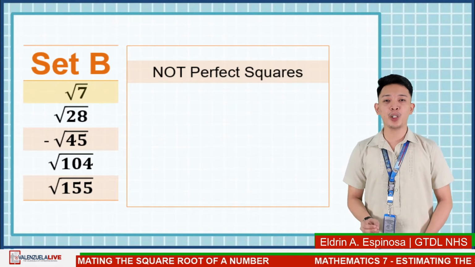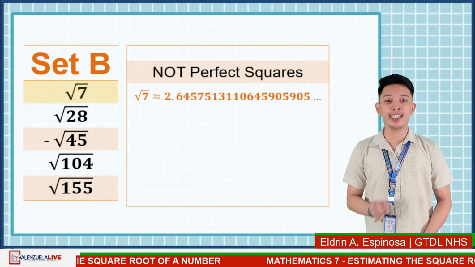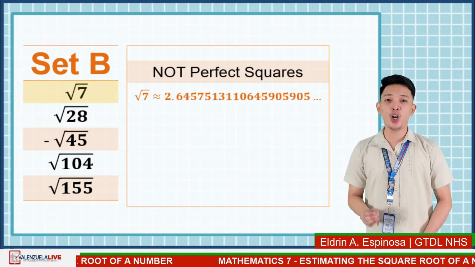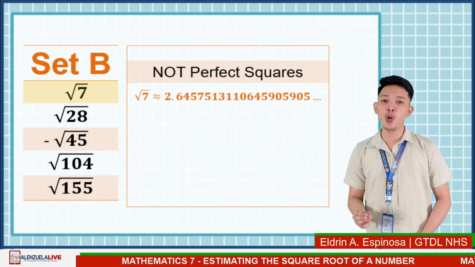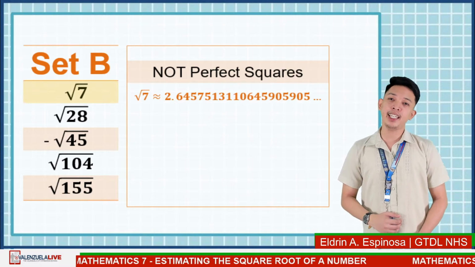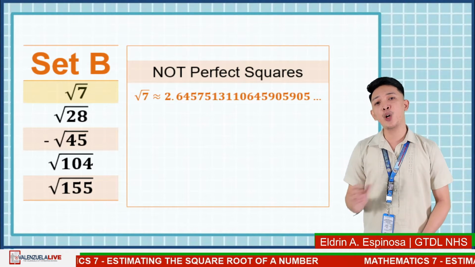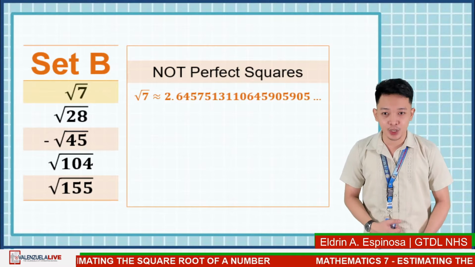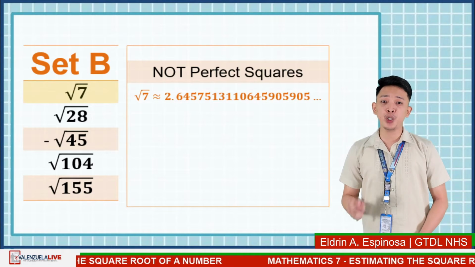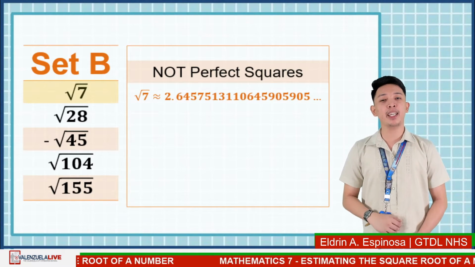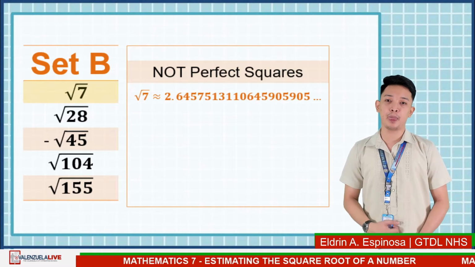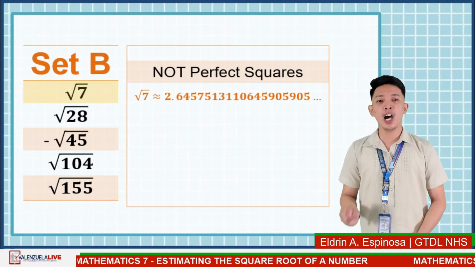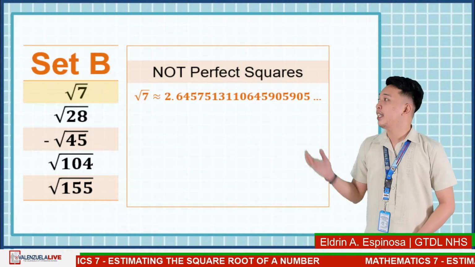Your calculator can display 8 to 14 digits only, depending on the calculator you are using. And if you are going to use your cell phone, it can display even more digits than a calculator. But if you use a computer, it can display infinitely many digits after the decimal point. Now, how are you going to describe these numbers?